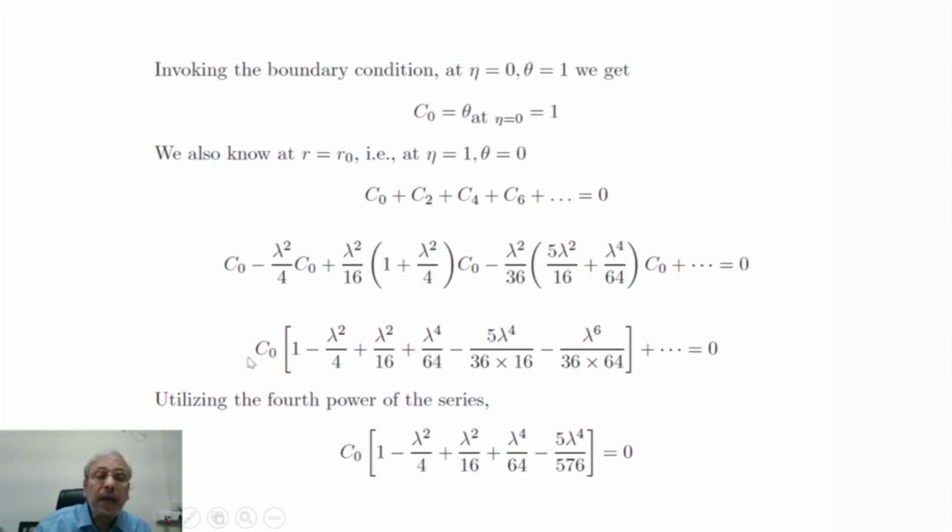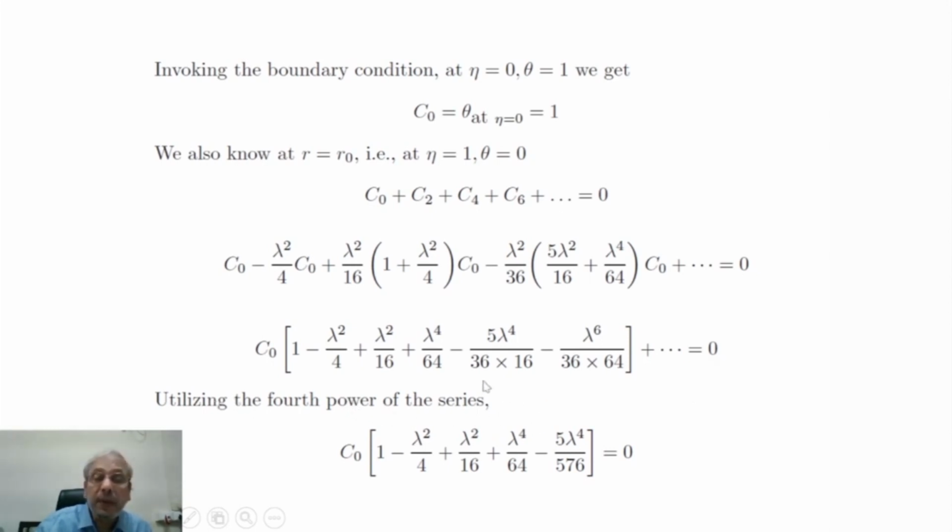Now we can write c naught into 1 minus lambda square by 4 plus lambda square by 16 plus lambda 4 by 64 minus 5 lambda 4 divided by 36 into 16 minus lambda 6 divided by 36 into 64, and so on, equal to 0.